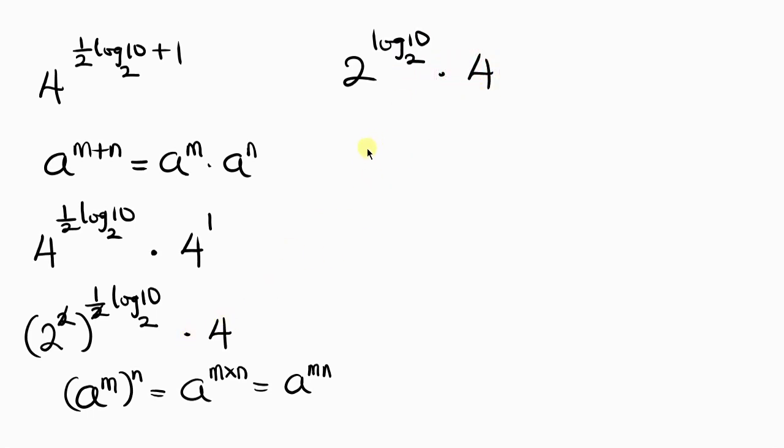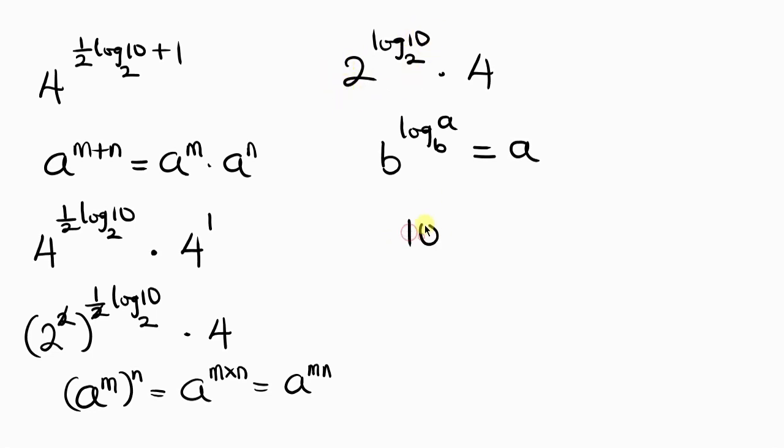And now from the law of logarithm, which says when I have b to the log of a base b, so long as the base here and the base here are the same, the result will be a. And looking at what we have here, the base here and the base here are the same. This will make the result to be 10.